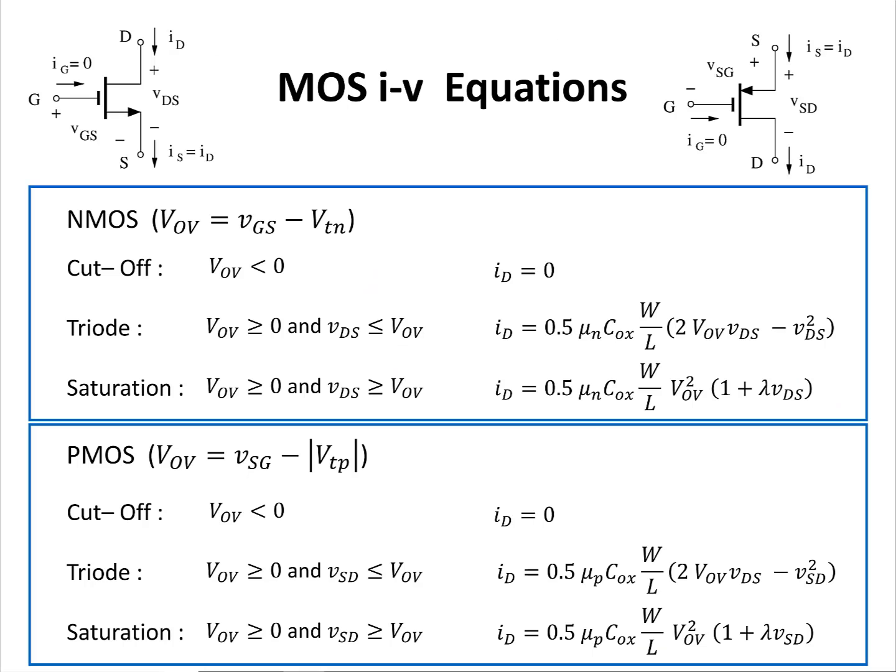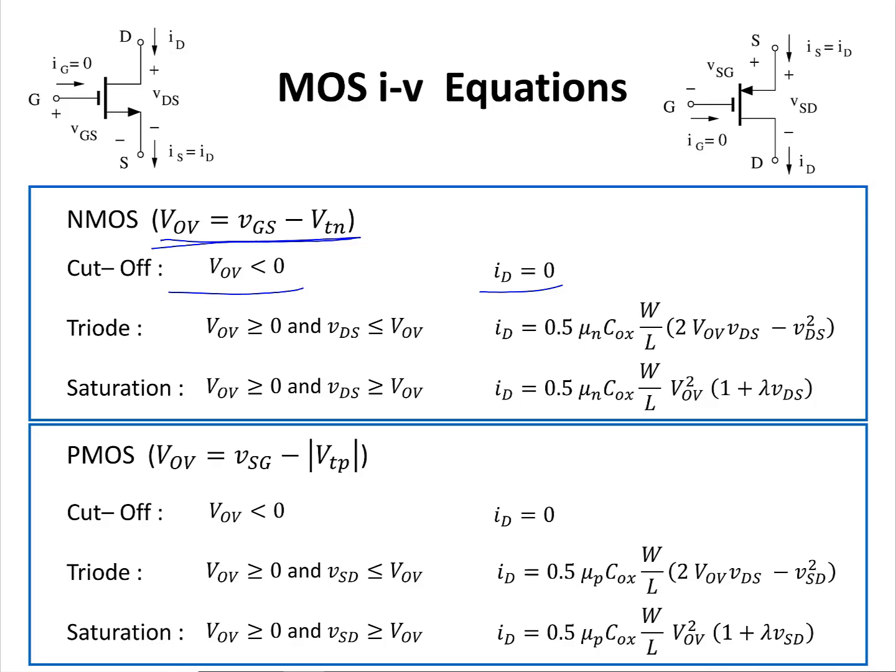Here is a summary of IV equations for the case of PMOS and NMOS transistor. They are similar, with the only difference that we switch the subscript for the node voltages in the PMOS compared to an NMOS transistor. Looking at the NMOS equations, V overdrive by definition is VGS minus V threshold of NMOS. If it is in the cutoff region, V overdrive is less than 0 and ID is equal to 0.